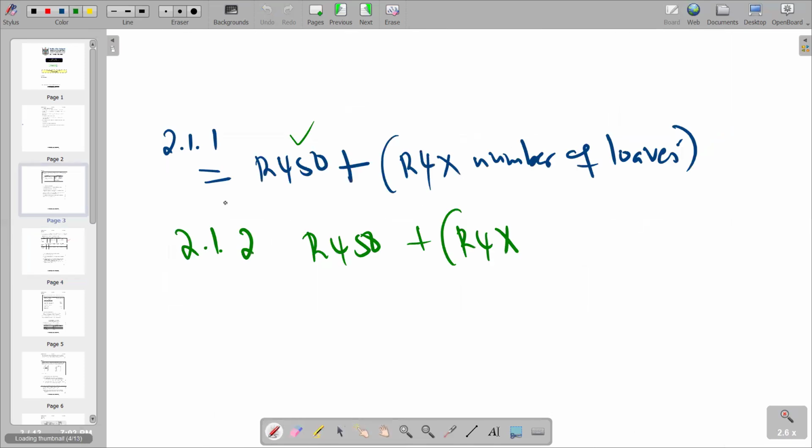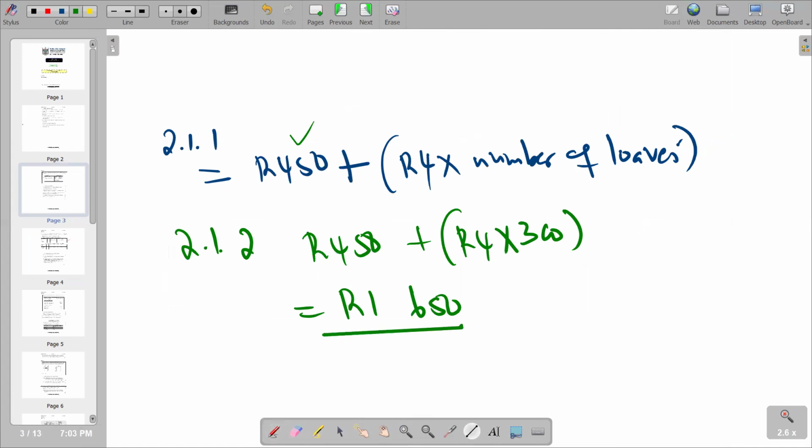So we multiply by 300. We calculate it and see that the number we get is 1,650 rands. So this is the response that we have in terms of 2.1.2.